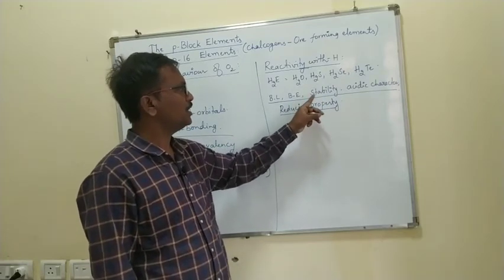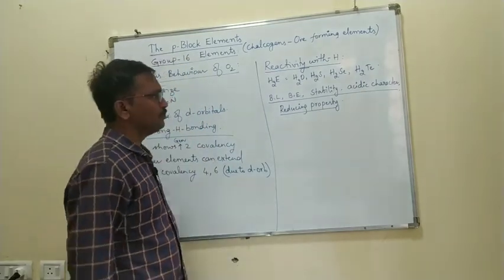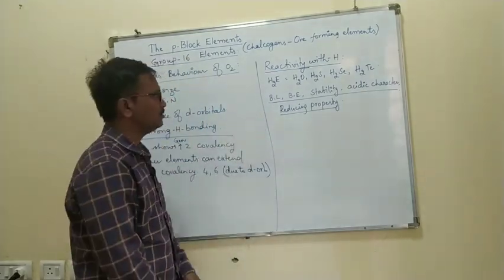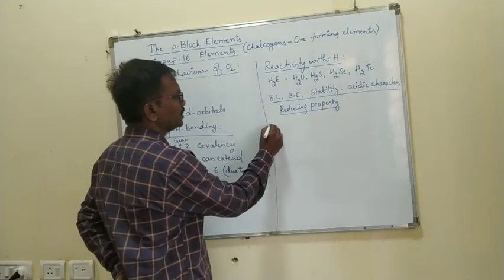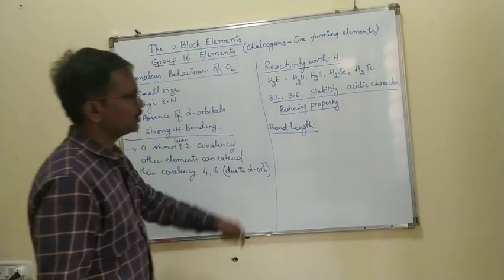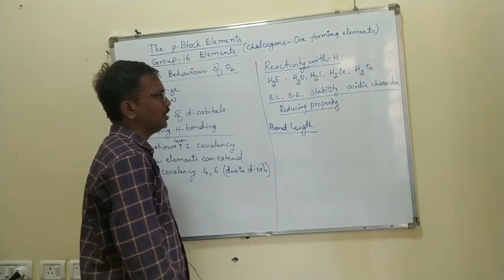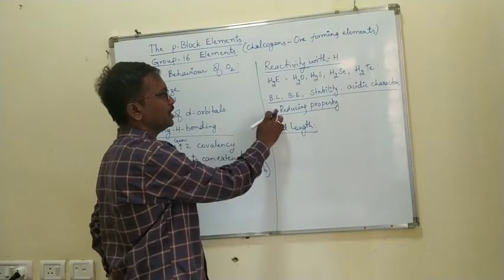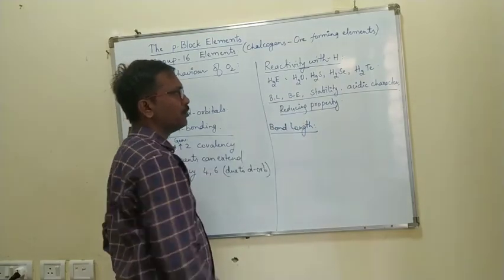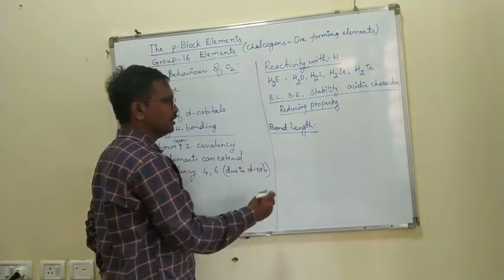Given the stability, what is the acidic character, and what is the reducing property? One by one, I am going to discuss. So, bond length. First one is the bond length. React with hydrogen, these are the 5 points. I am discussing bond length.